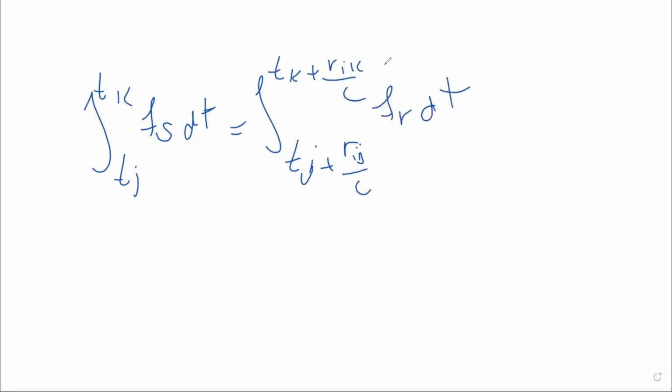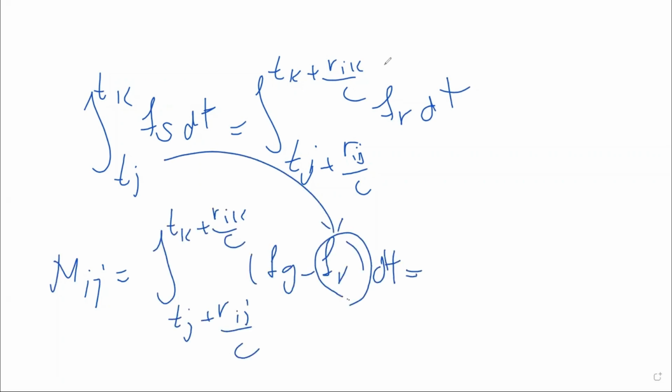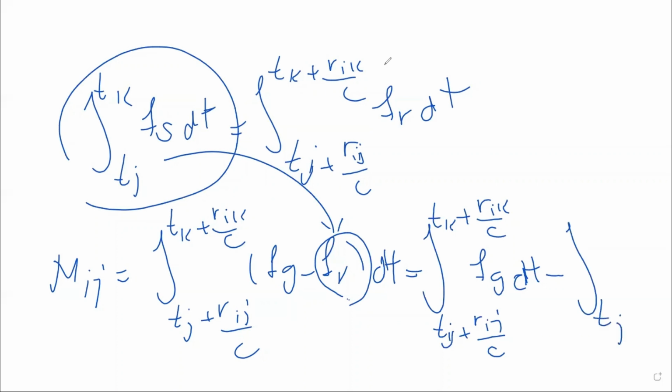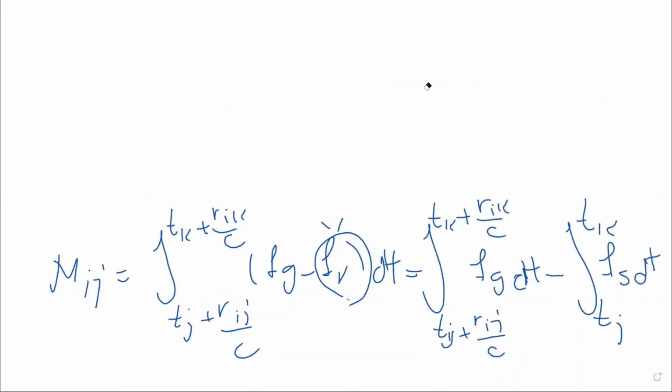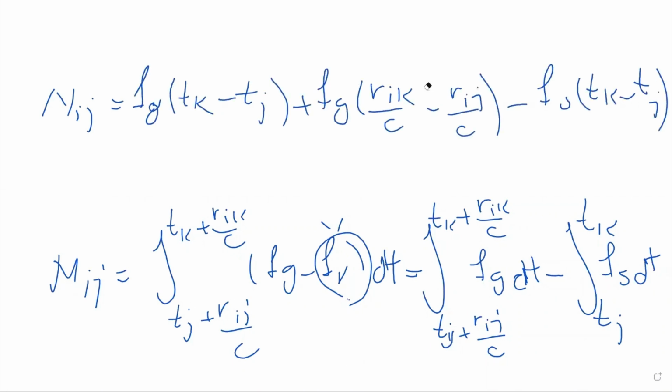If I put it back inside the Doppler count equation, the Doppler count J will be, as we see, Tk minus Tj is the same here, and I can write.